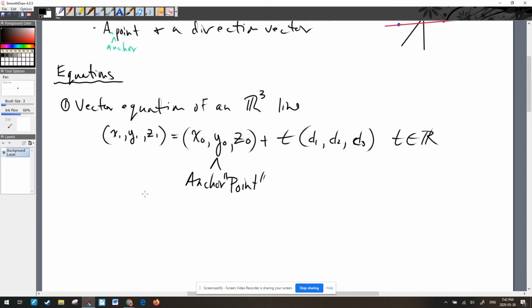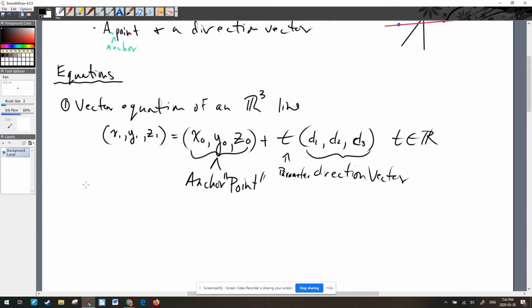It's really a vector that goes from the origin out to there, because we're going to add this to a direction vector over here. So this is our anchor point, and this is, of course, our direction vector. And this is a parameter. Okay, so that's the exact same style. It's just ordered triples now instead of ordered pairs as what we had in R2.